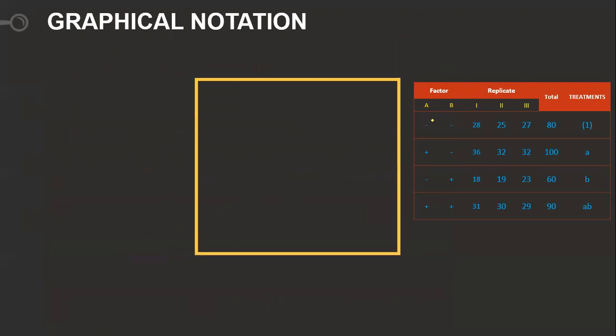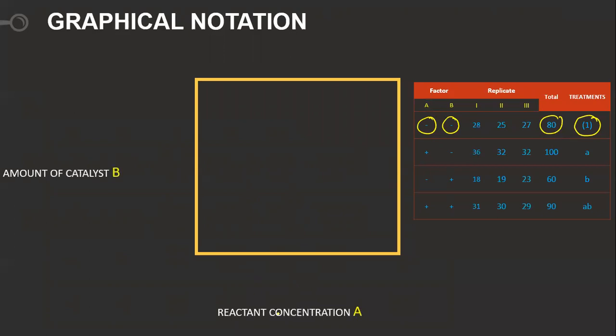Now imagine here, A is low, B is low, then the value is 80 and it is denoted by 1. So I am going to have 2 axes here. In one axis, I'm going to keep factor A. In the other axis, I'm going to keep B. So each will have the low and high value here.